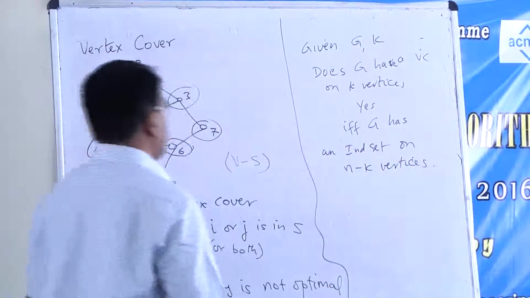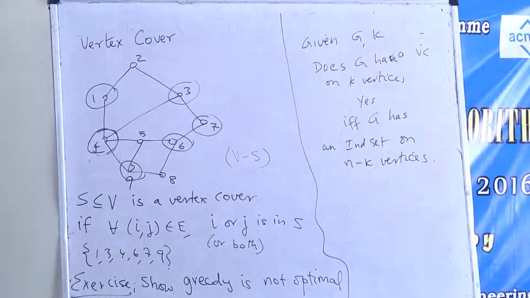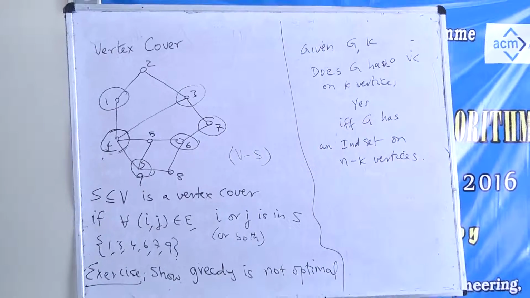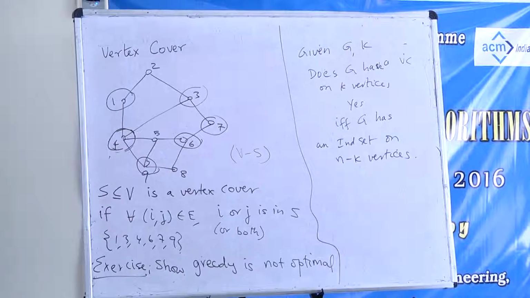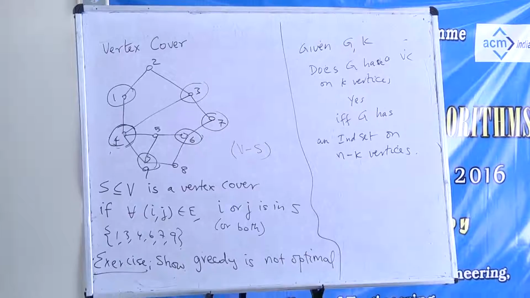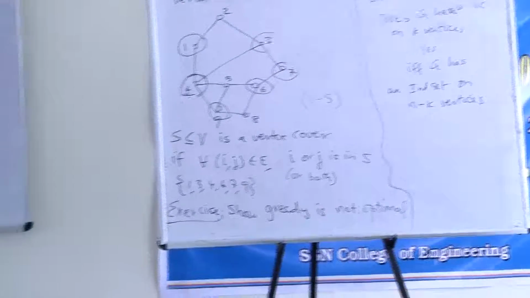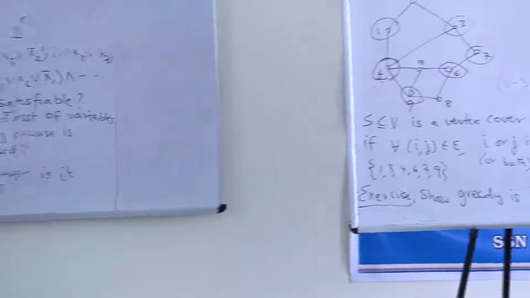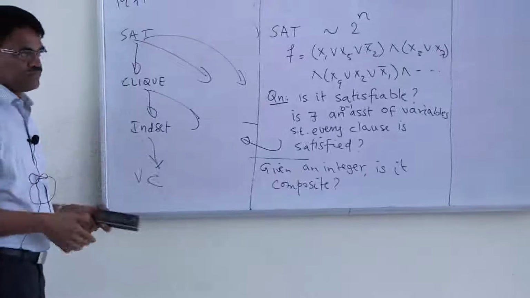So then I can use the vertex cover subroutine to solve independent set. If I want to know whether there is an independent set of size k, I ask: is there a vertex cover of size n minus k? A solution to that will give you a solution. So these parameters are nicely related, and all of these are NP-complete.